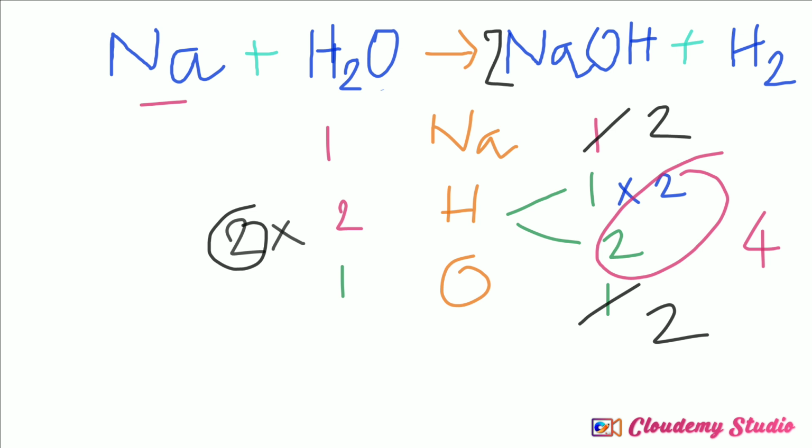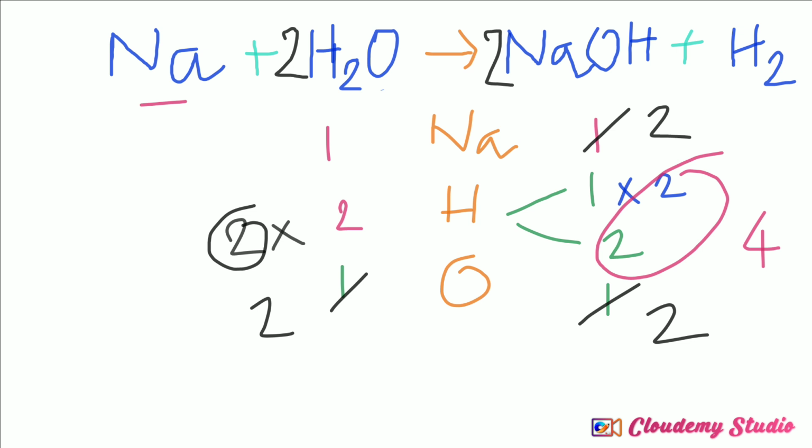This hydrogen is present in water, so before this formula of water we need to write 2 as a coefficient. When we are writing this 2 as a coefficient for water, now oxygen will change. How many times is it? 2 times, because this 2 belongs to hydrogen as well as oxygen.